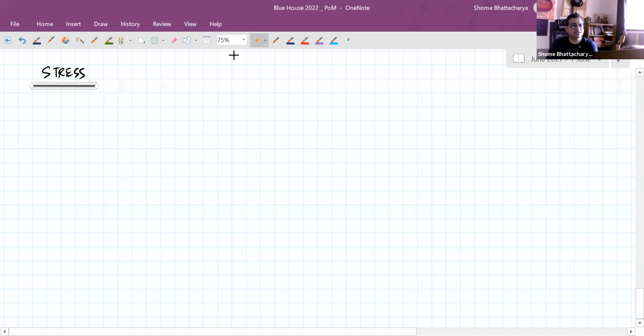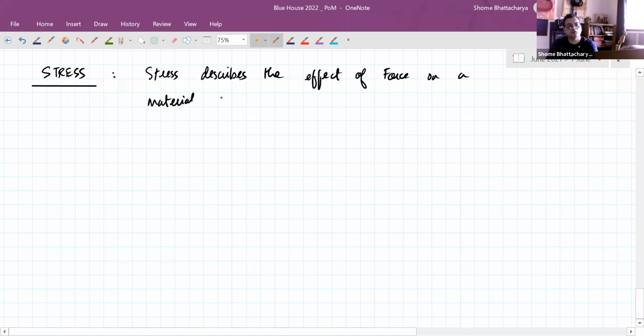You can think of stress as something that describes the effect of force on a material such that it creates deformation or strain.